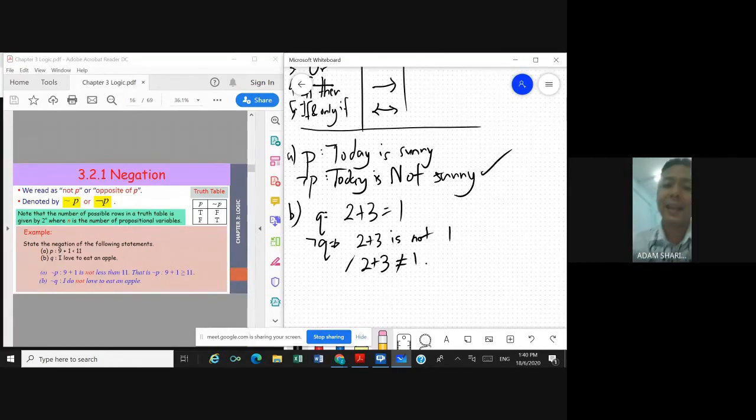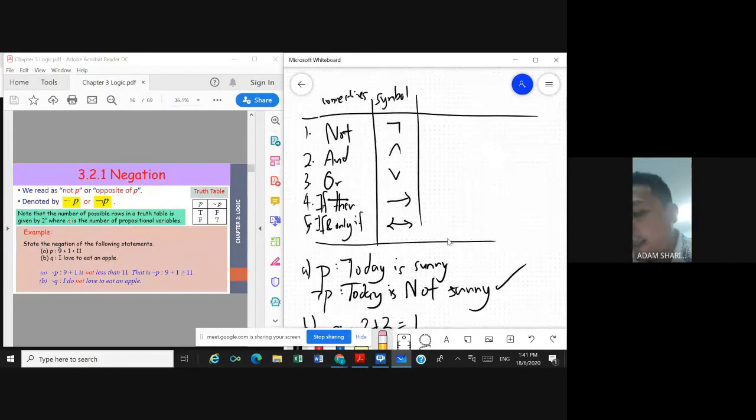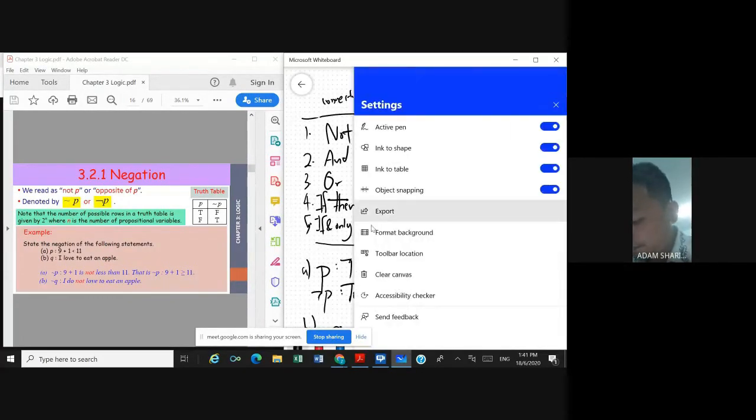This is the negation of Q. Two ways of representing. Okay, that's enough for the example of negation. I will clear my canvas here, so make sure this one you already memorize. Copy it somewhere.